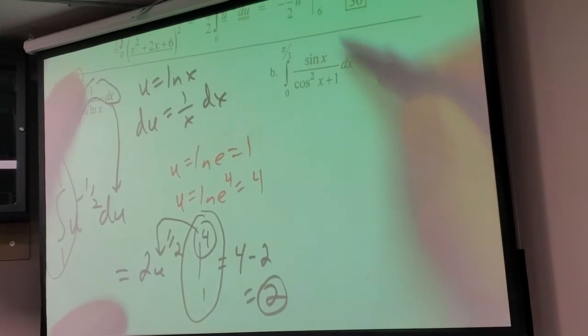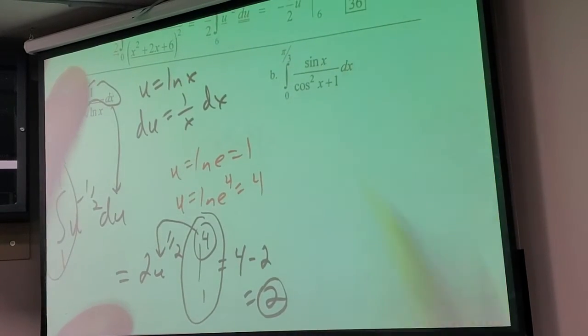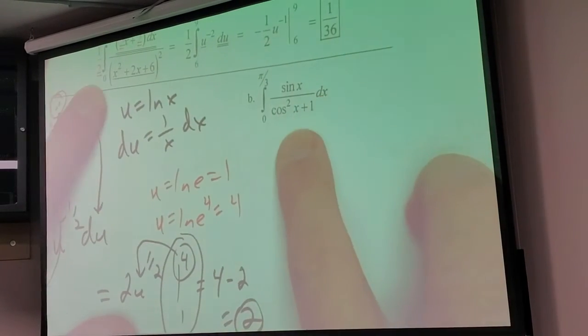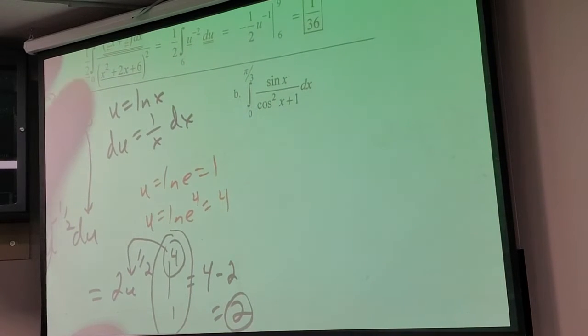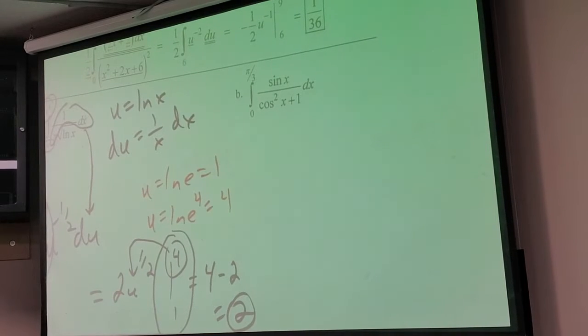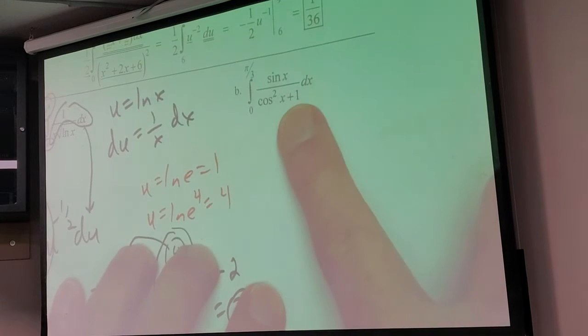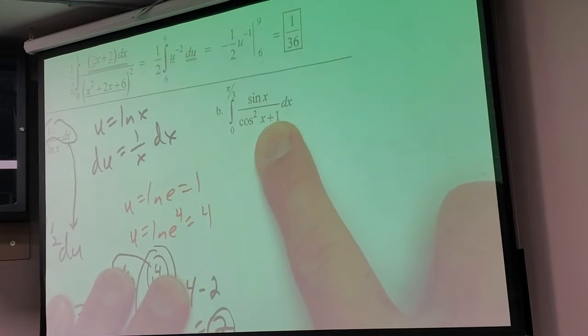So what about this one? Oh yeah, this one's a lot of fun. What do you guys think about that one? This one here is going to be a little bit freakadelic.